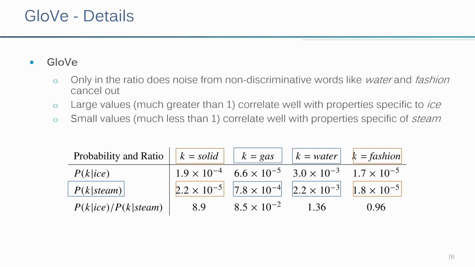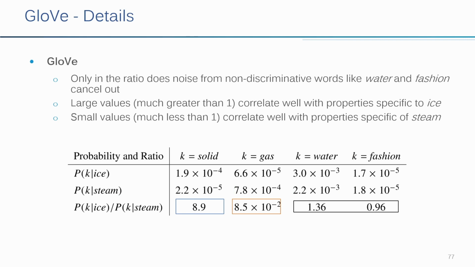What they figure out is if you work with the ratio of this, which is quite nice, when the word is related with ice in this case right here, they will have higher values. So if K is related with your numerator, you'll have a higher value. When the K is related with steam, you'll have a really low value.